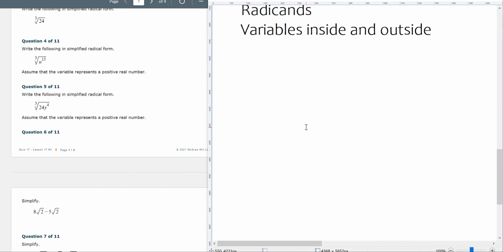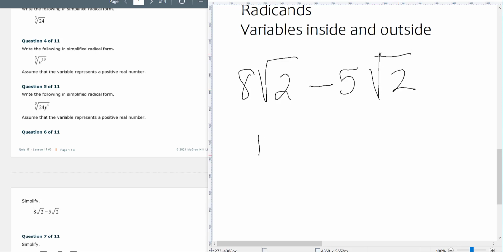IRV, IRV. So when I have something like 8 square root of 2 minus 5 square root of 2, I'm going to look at IRV. Do they have the same index? Yes, they are both square roots. Do they have the same radicands? Yes, they're both 2.